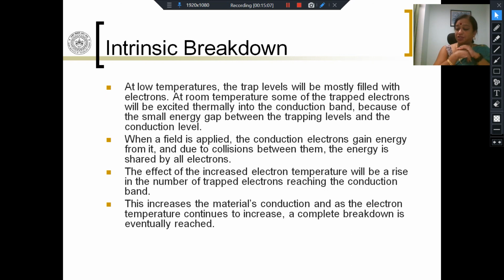As a result, the material's conduction will increase and a complete breakdown will eventually be reached. So in intrinsic breakdown, you have electrons from the valence band and from the various trap levels coming out into the conduction band, and they must cause further collisions to create an avalanche. There will be a temperature rise, and avalanche will happen, and only when all these things happen will you have a situation where intrinsic breakdown is possible.